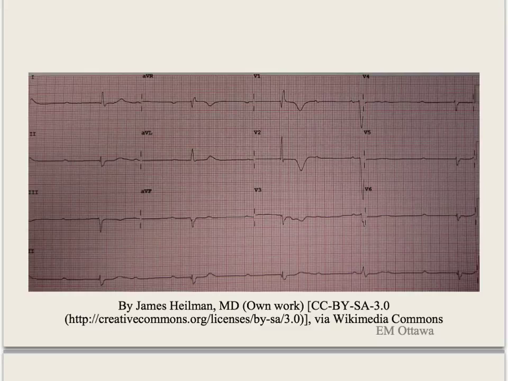Let's say you're presented with this 12-lead ECG. Can you go through the criteria? First, are there P waves? You can pick them up fairly easily in lead 2. What about the PR interval? It looks like the PR interval is all over the map.